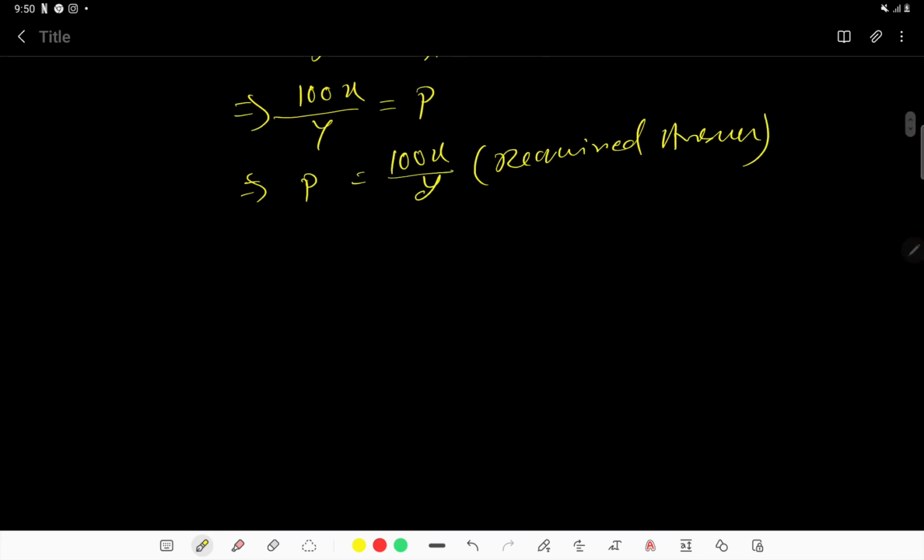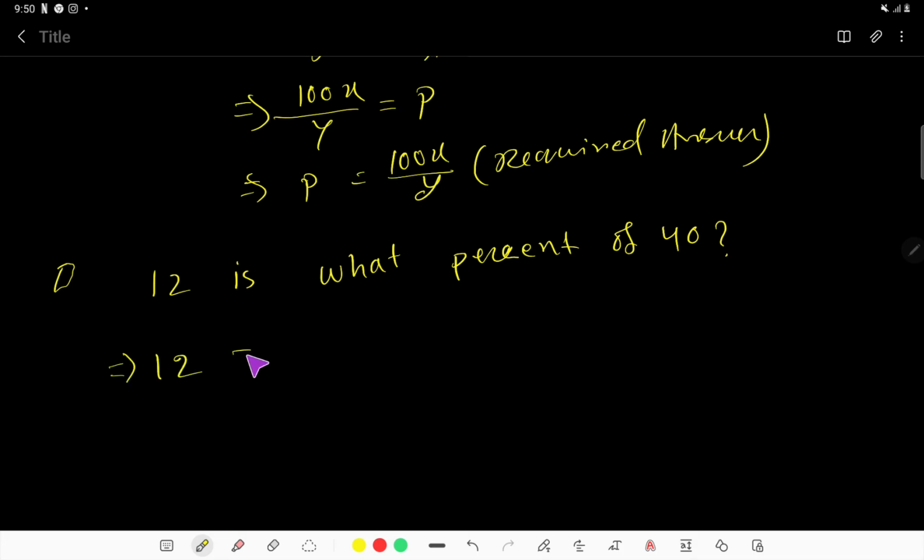Okay, let us take a specific example. Look, 12 is what percent of 40? So just I am translating. 12 is means equal sign, then what means let's say p, or you can also consider it x. You can actually assume anything.